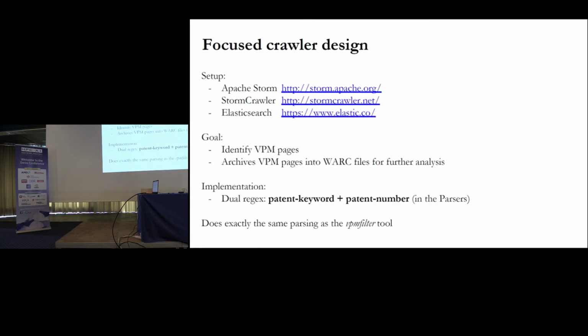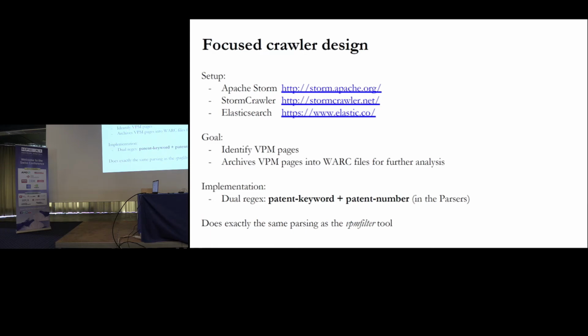A few words about the design of the crawler. This is based on Apache Storm. We built it into the StormCrawler tools, which are open sourced. And as an index for the URLs and for the status of the URLs that you want to visit, we used Elasticsearch.